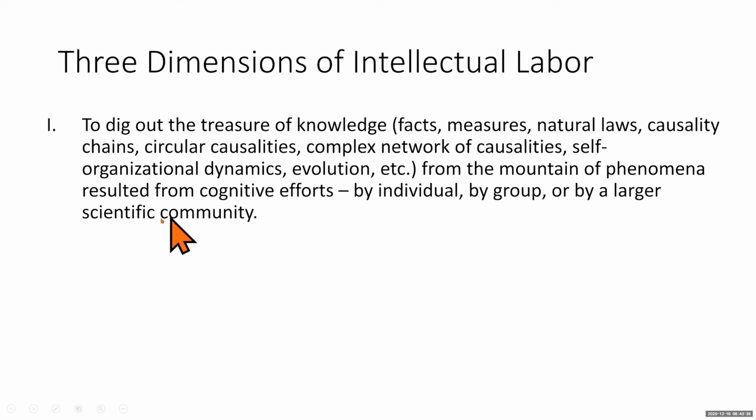I like auto-organization, by the way, dynamics, and even the grand scenario of evolution, etc. This is all trying to dig out the treasure of knowledge from the mountain of phenomena, resulting from cognitive efforts. These efforts can be by an individual, by a group like us, or by a large scientific community. But that's just one dimension.